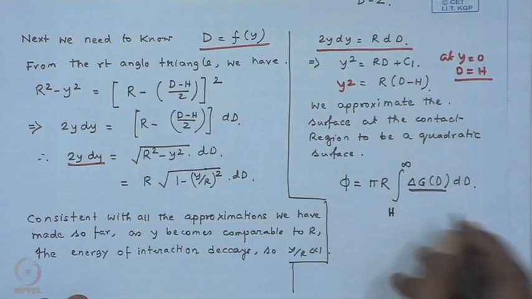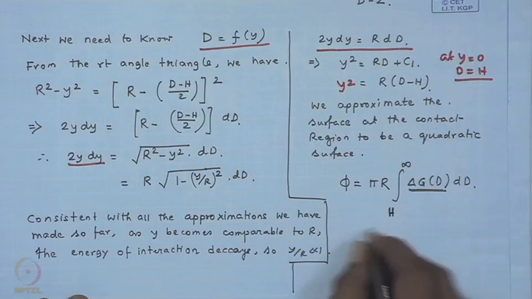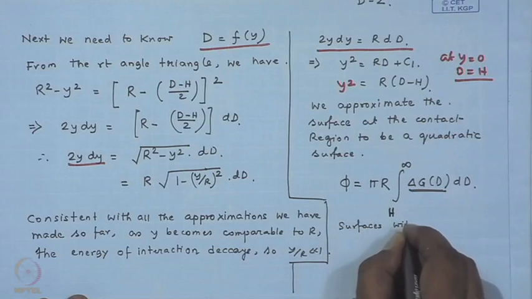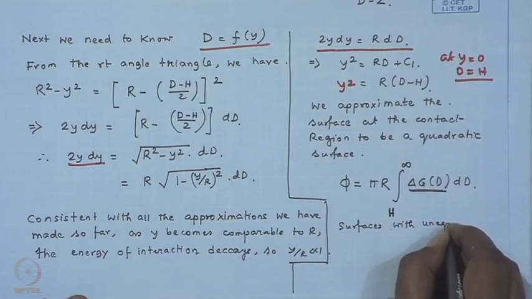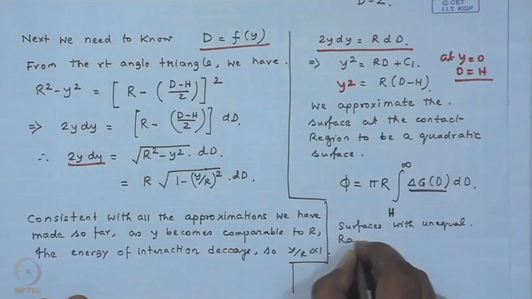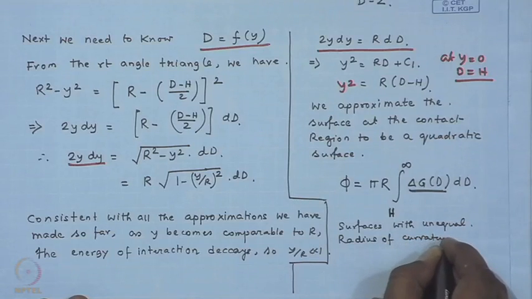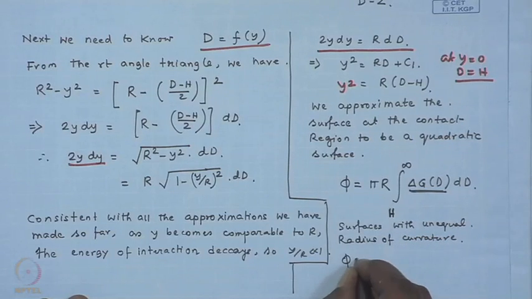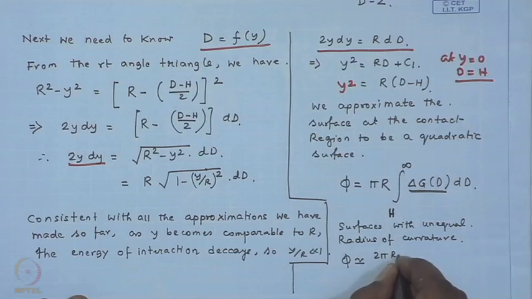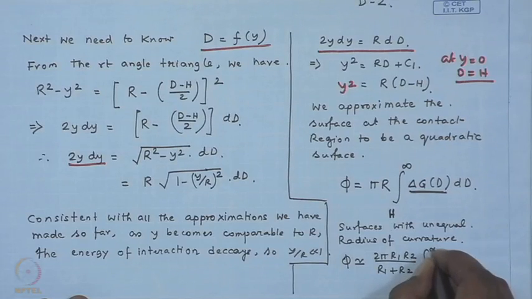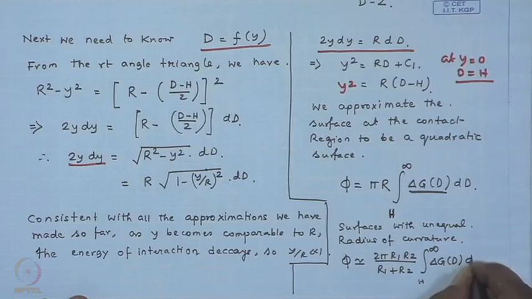So, it can further be extended for surfaces with unequal radius of curvature. We can have phi is equal to 2 pi r 1 r 2 divided by r 1 plus r 2 integral of h to infinity delta g d dd.